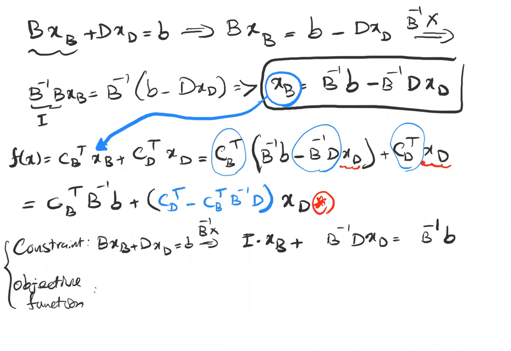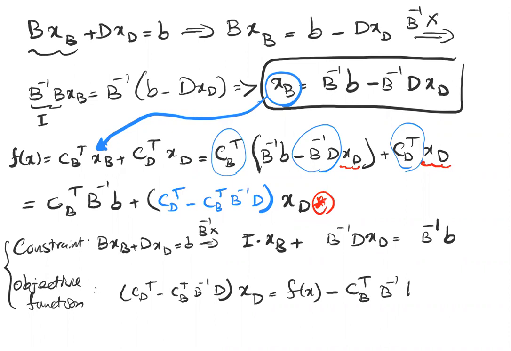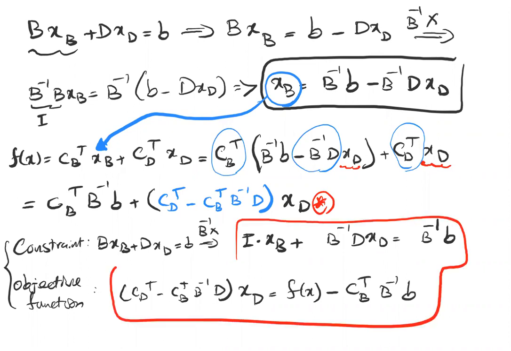So I'm going to represent it this way: (C_D transpose minus C_B transpose B inverse D) multiplied by X sub D is equal to f of x, which is our objective function, minus C_B transpose B inverse b. So these two equations are the core equations to create the tableau.